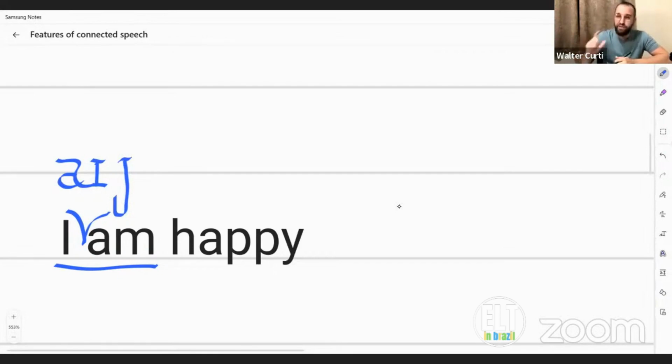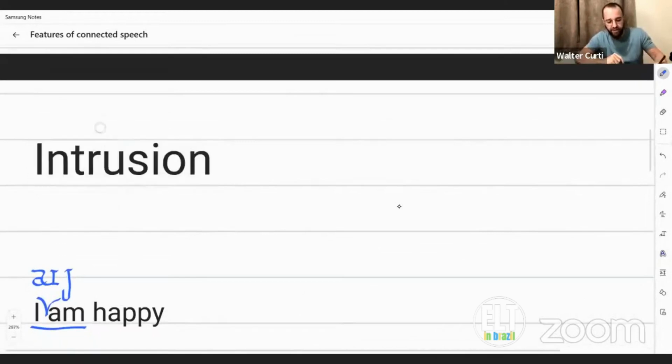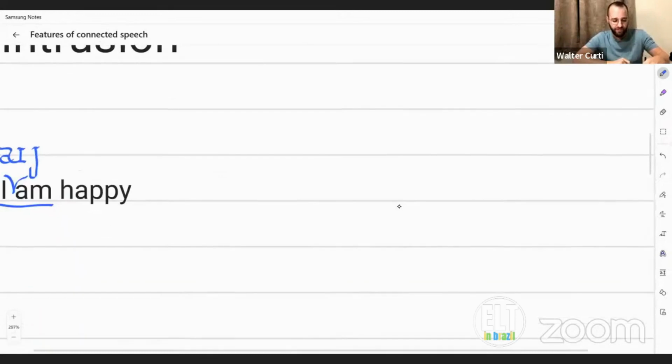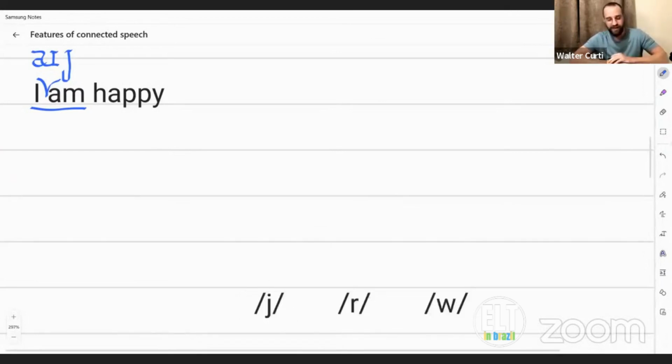Remember that case of university, that sound, which is actually a semi-vowel, it's not a vowel. It just gets in the middle between two words. We call that intrusion. So they are intrusive sounds. Well, there are three possible intrusive sounds: the Y sound, the R sound, and the W sound.